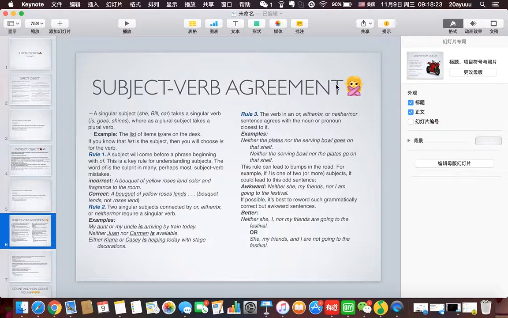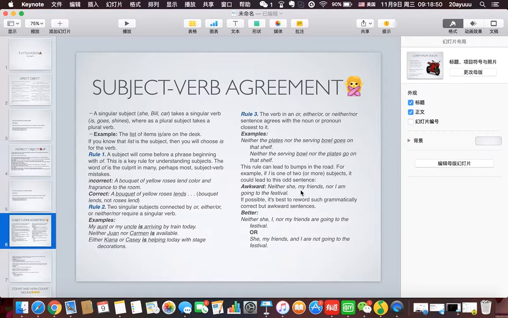Rule number 3 is the verb in an or, either/or, or neither/nor sentence agrees with the noun or pronoun closest to it. For example, neither the plate nor the serving bowl goes on that shelf. Neither the serving bowl nor the plates go on that shelf. This rule can lead to bumps in the road. For example, if it's one of two or more subjects, it could lead to this odd sentence.